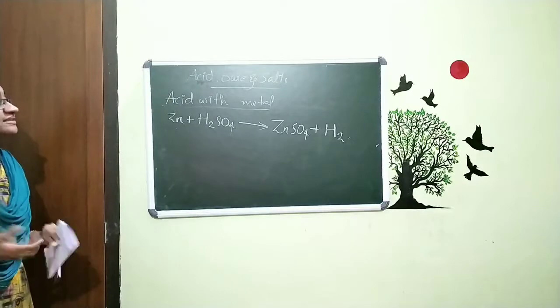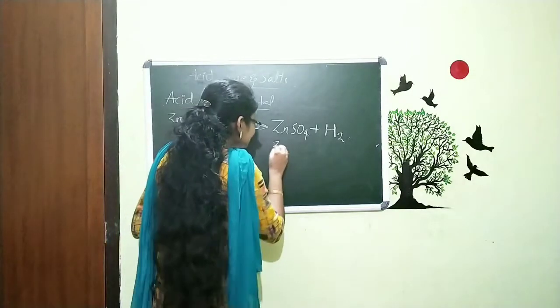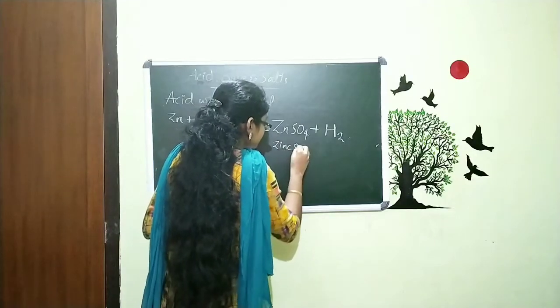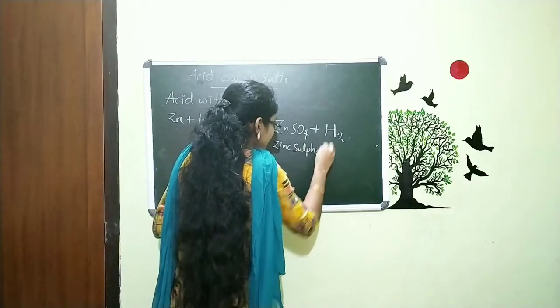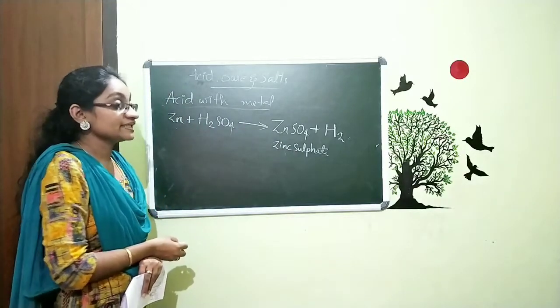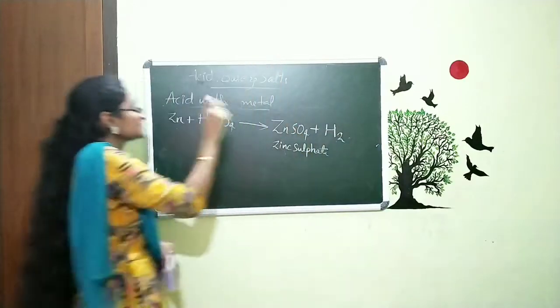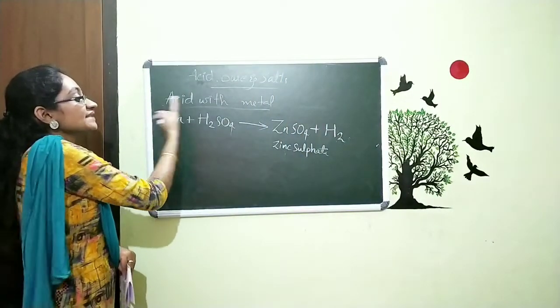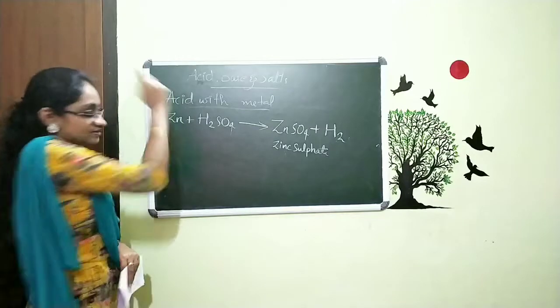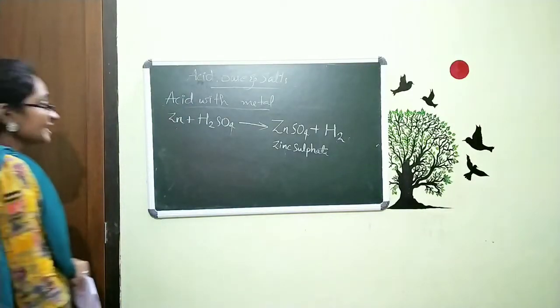H2 means our hydrogen gas, and ZnSO4 is zinc sulfate. This zinc sulfate is the salt. This is the salt and the hydrogen gas formed when zinc reacts with sulfuric acid. This is the equation for sulfuric acid.